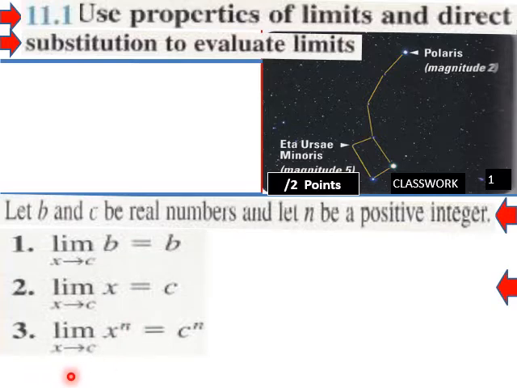And then number 4, rule would be the limit as x goes to c of the radical x to the nth index would equal the nth root of c, for n even and c greater than 0. So that would be your 4th rule there of limits.